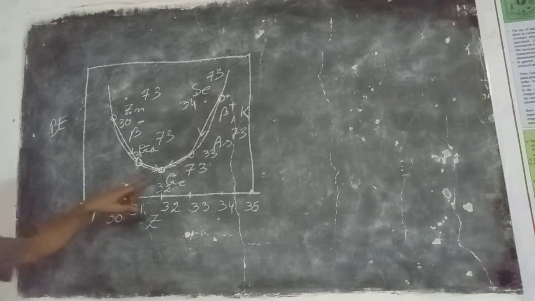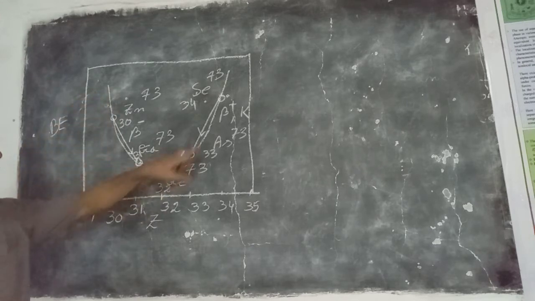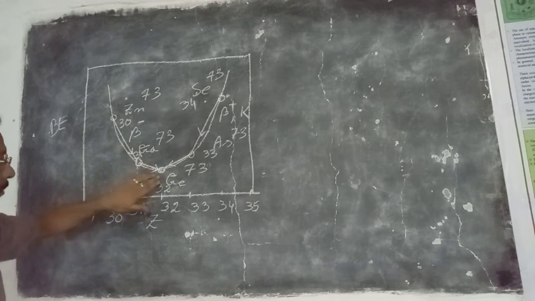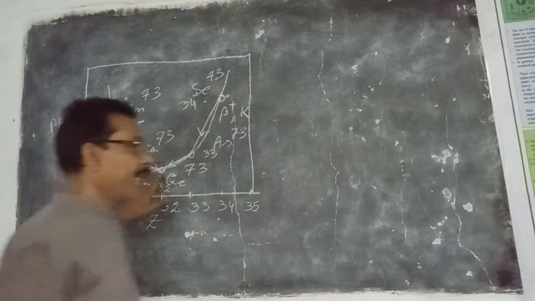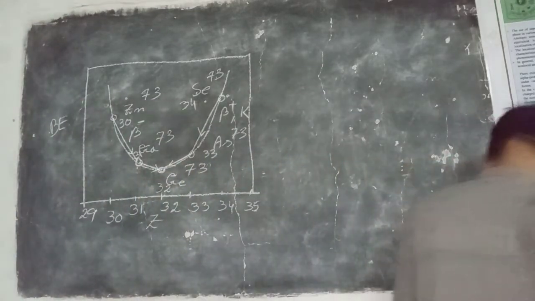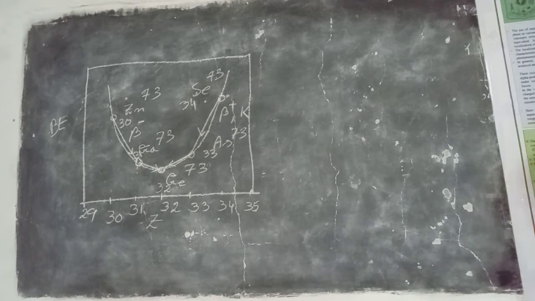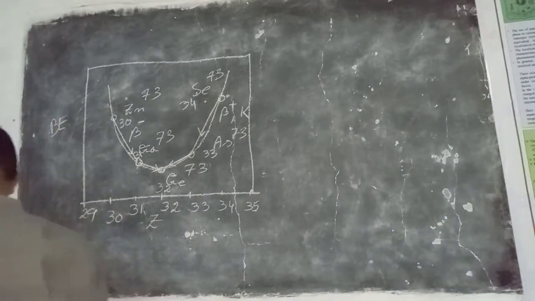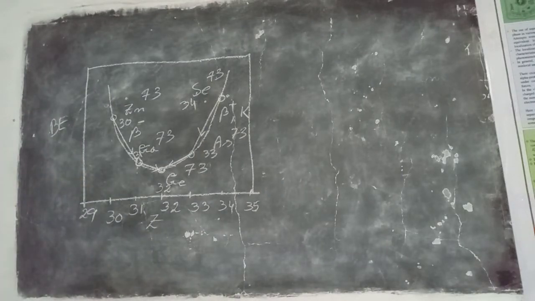Now the bottom of the curve represents the most stable nucleus of this series, the lowest mass, that is the greatest binding energy, the most tightly bound.